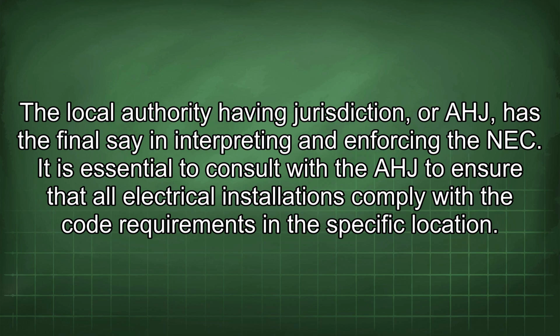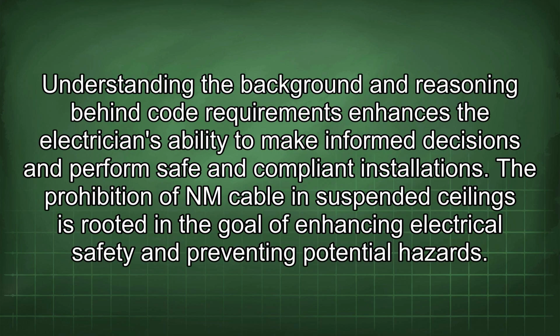The local authority having jurisdiction, or AHJ, has the final say in interpreting and enforcing the NEC. It is essential to consult with the AHJ to ensure that all electrical installations comply with the code requirements in the specific location. Understanding the background and reasoning behind code requirements enhances the electrician's ability to make informed decisions and perform safe and compliant installations.